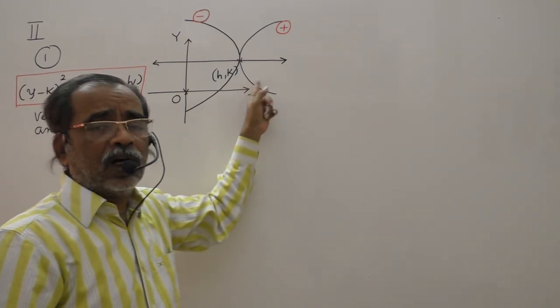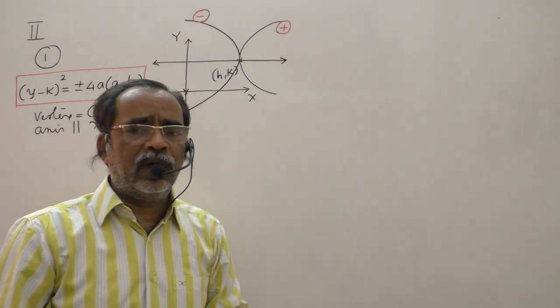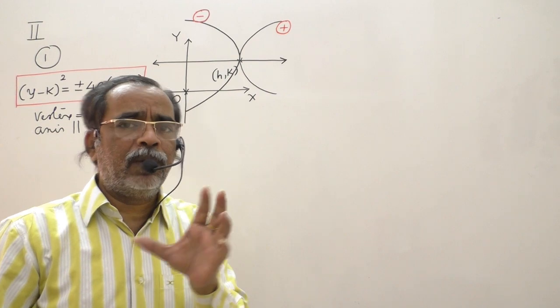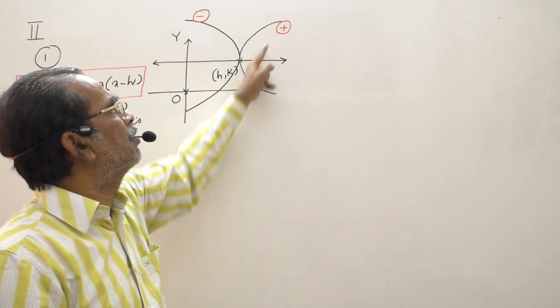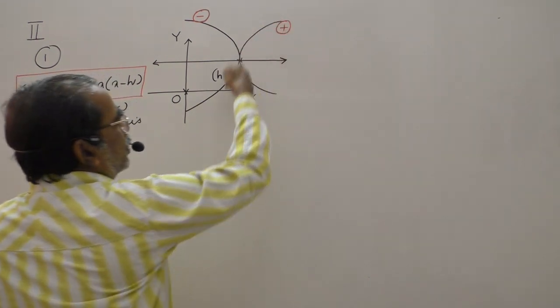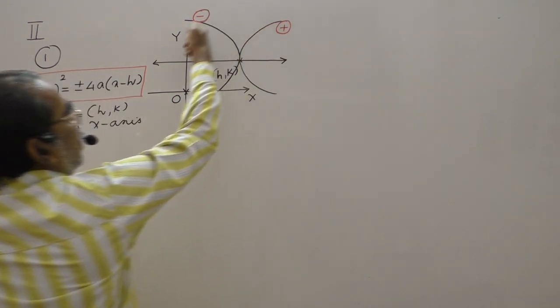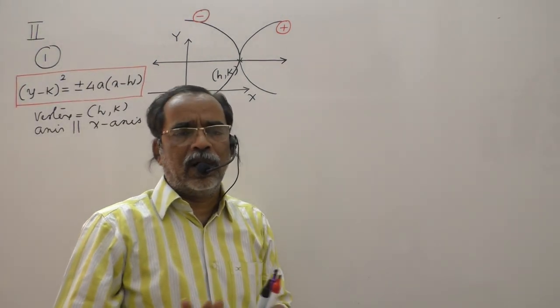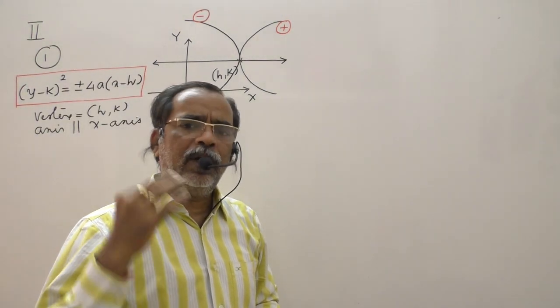What about the curve? Listen carefully. Curve can be anywhere. It can be completely in the first quadrant. It can be like this, first and fourth. Sometimes it can be first quadrant, second, third, fourth. Doesn't matter. Curve can be anywhere.